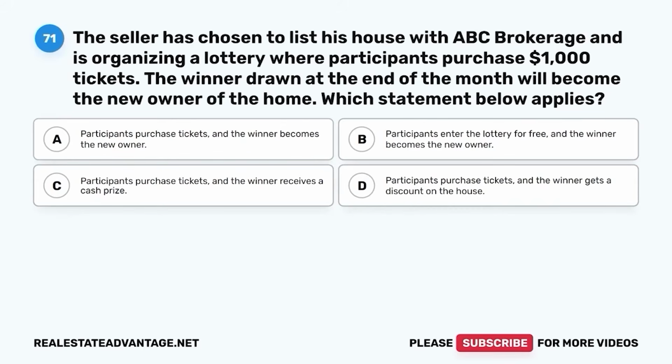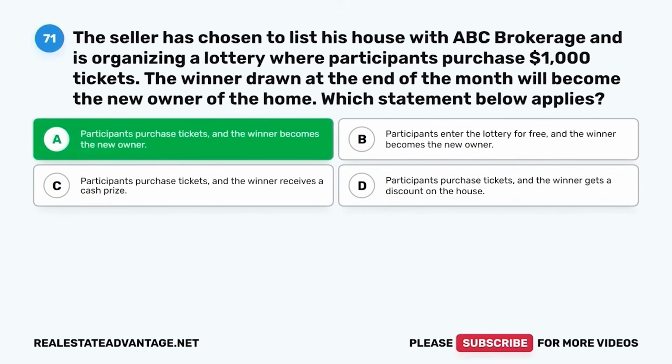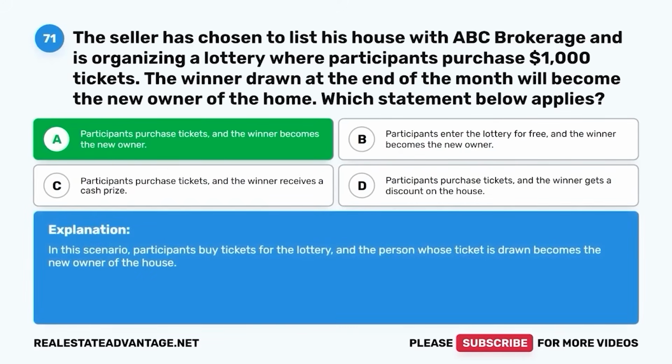B. Participants enter the lottery for free, and the winner becomes the new owner. C. Participants purchase tickets, and the winner receives a cash prize. D. Participants purchase tickets, and the winner gets a discount on the house. The correct answer is A. Participants purchase tickets, and the winner becomes the new owner. In this scenario, participants buy tickets for the lottery, and the person whose ticket is drawn becomes the new owner of the house.